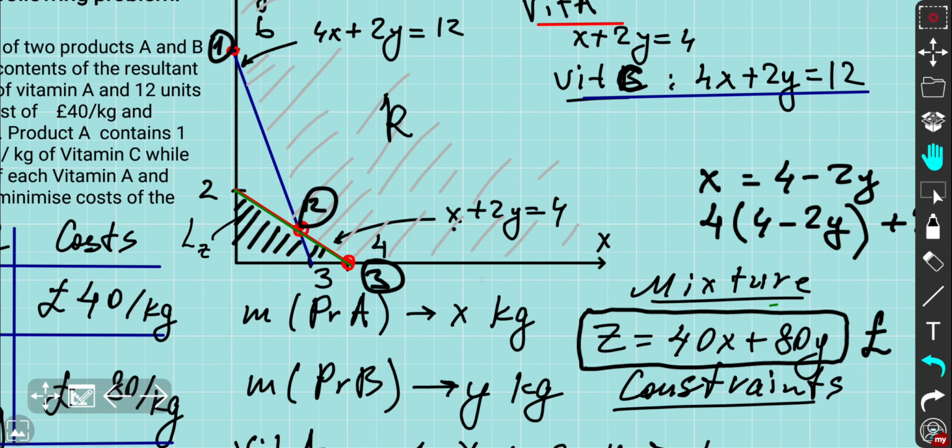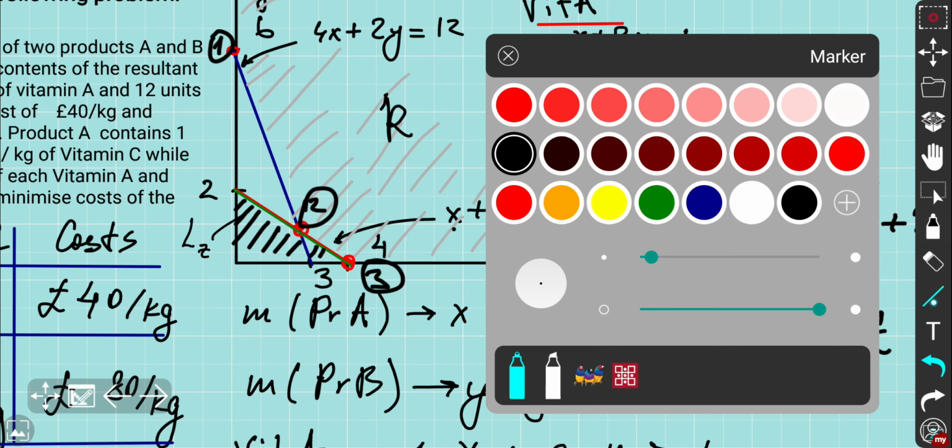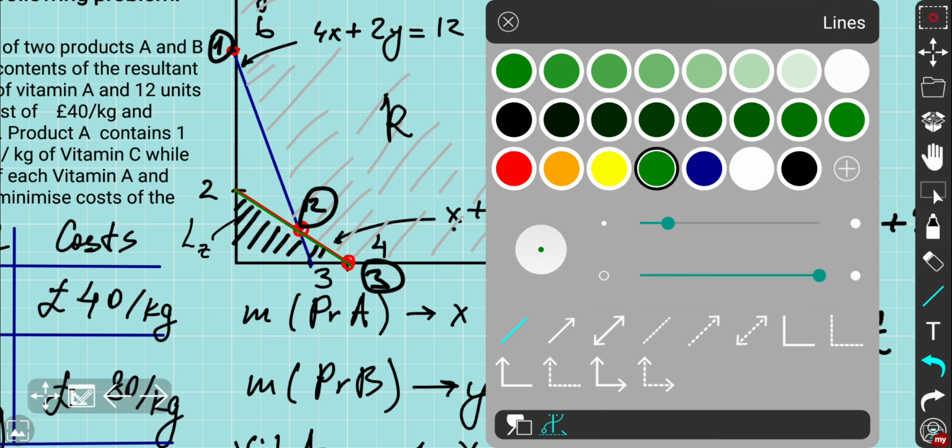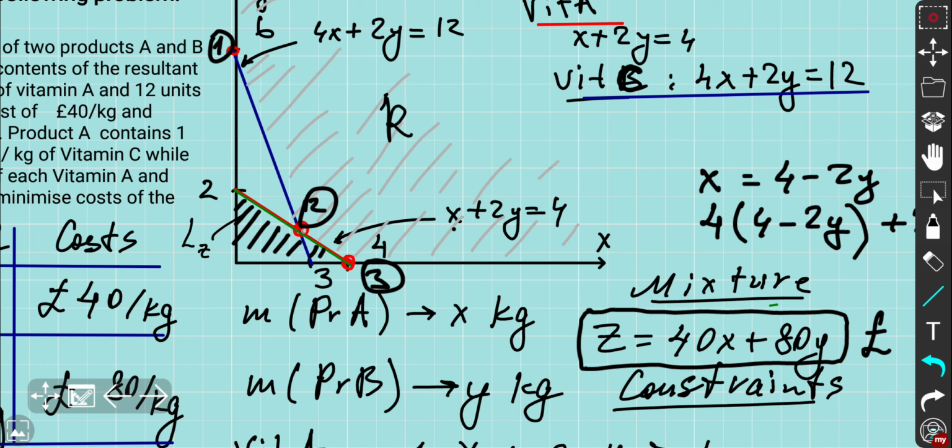That means the minimum occurs at vertex 2 and at vertex 3, so the Z value is going to have the minimum all along the segment connecting vertex 2 and vertex 3. At this green boundary, which is actually part of the region R, the Z value will have the minimum, which is equal to 160 pounds. And that's going to be the minimum cost.